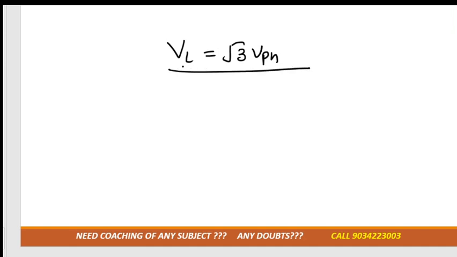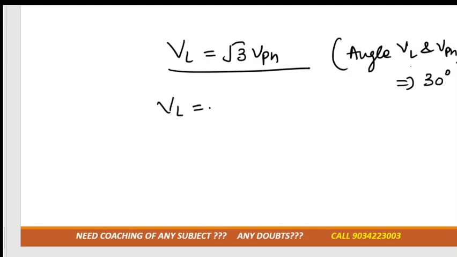I'll tell you first, then you can draw the diagram also. There is a relationship between the line voltage and the phase voltage. I'm not telling you the complete derivation because it is not in your syllabus. But the relationship is that VL is equal to root 3 times the phase voltage. And the angle between the line voltage and phase voltage is 30 degrees.